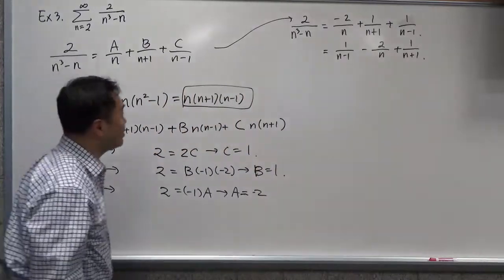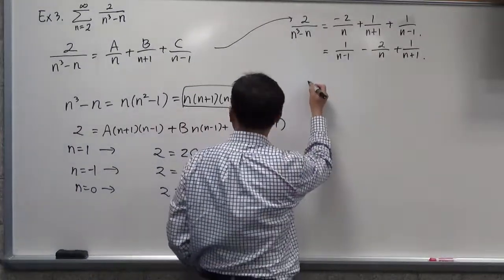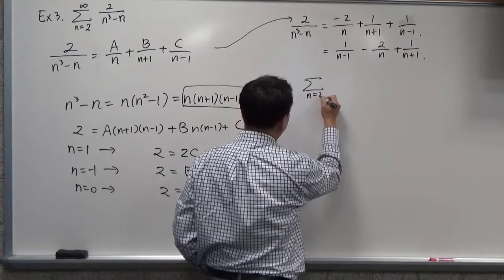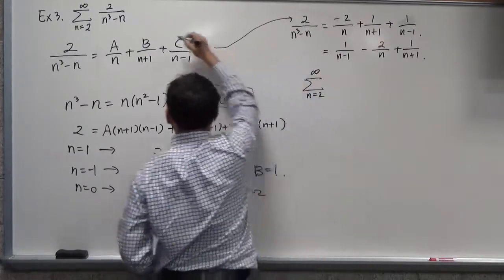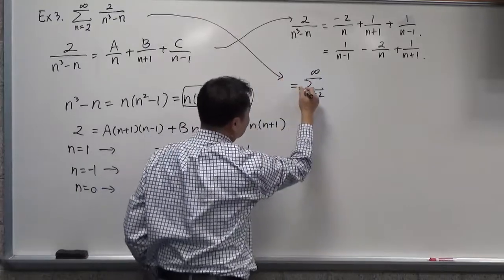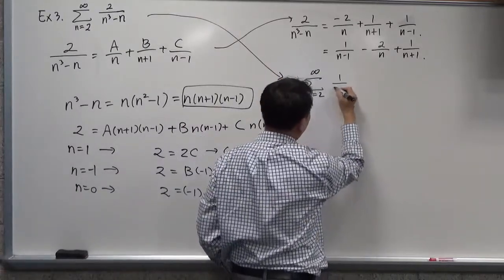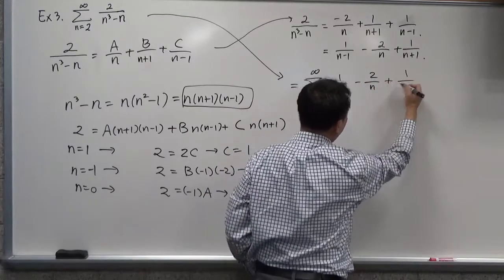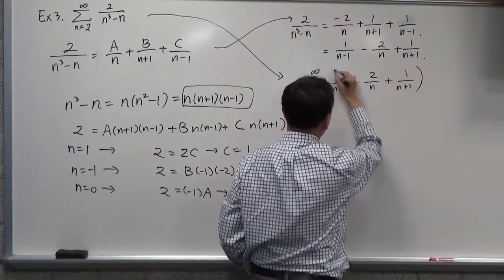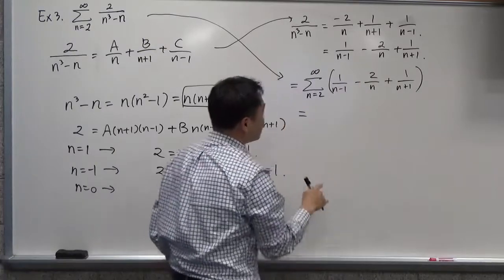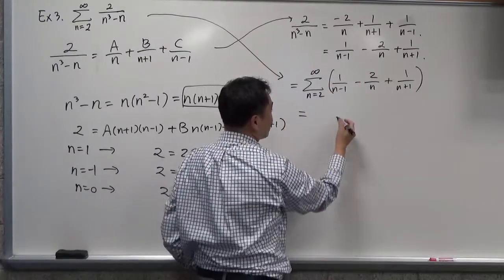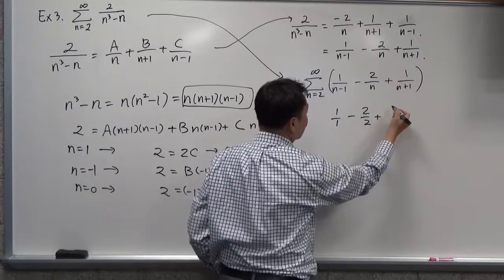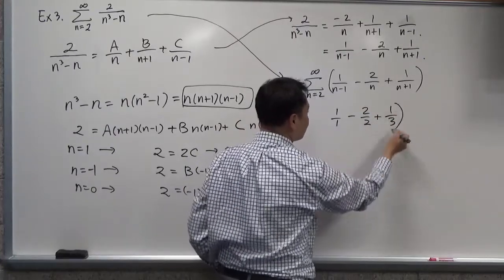Then we can start figuring out what's going on by writing this explicitly. So this is now equal to the sum of 1 over n minus 1 minus 2 over n plus 1 over n plus 1, so that when you plug in 2, let's see what you get. 1 over 1 minus 2 over 2 plus 1 over 3.